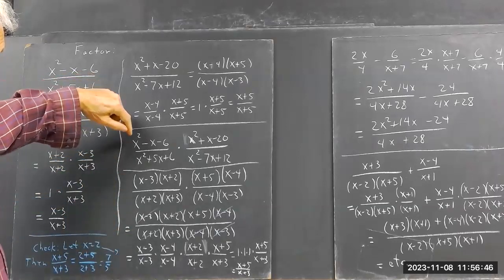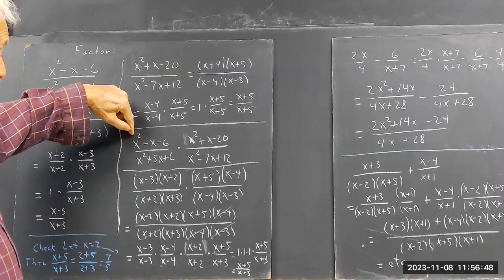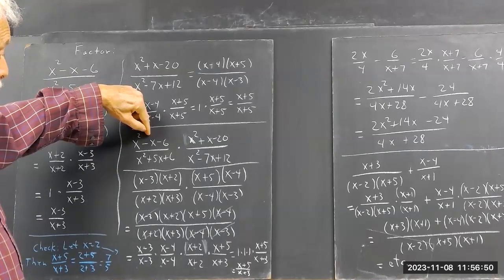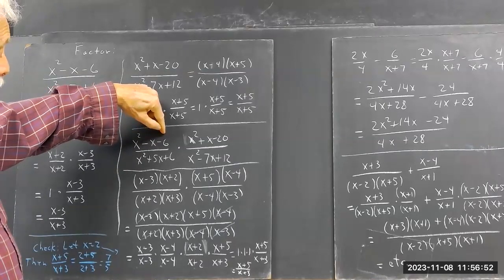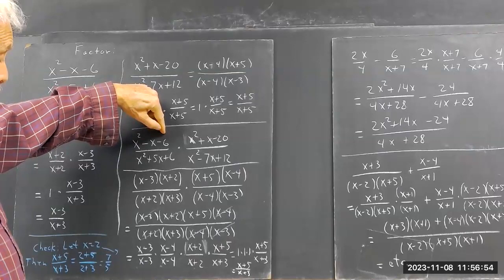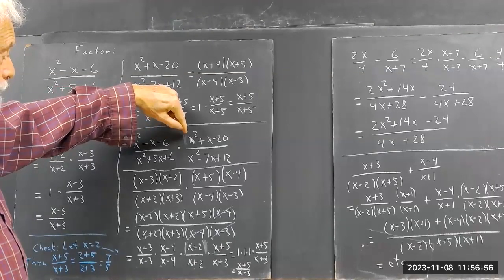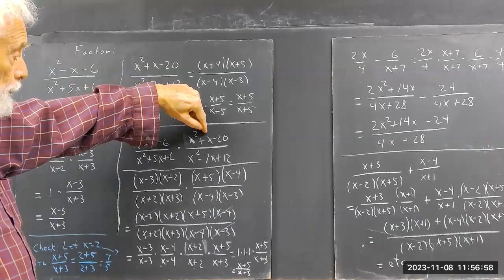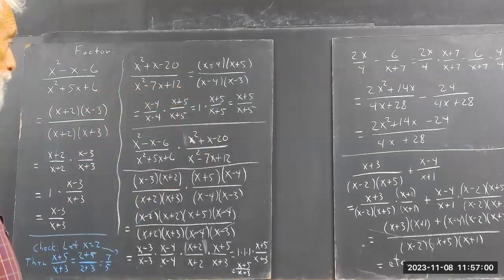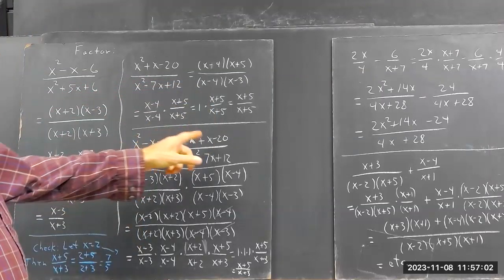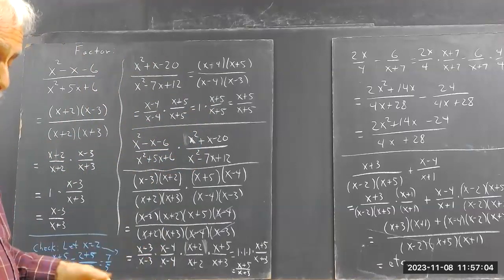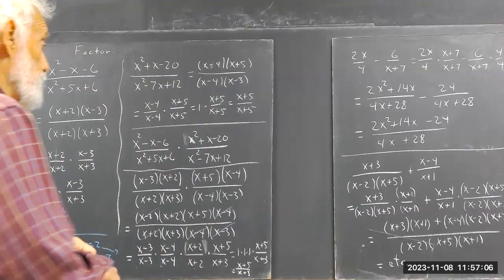So follow me. If x is 2, x squared is 4. So we have 4 minus 2, which is 2. 2 minus 6 is negative 4. Over here, we've got 4 plus 2, which is 6, minus 20 is negative 14. And negative 4 times negative 14 is positive 56.